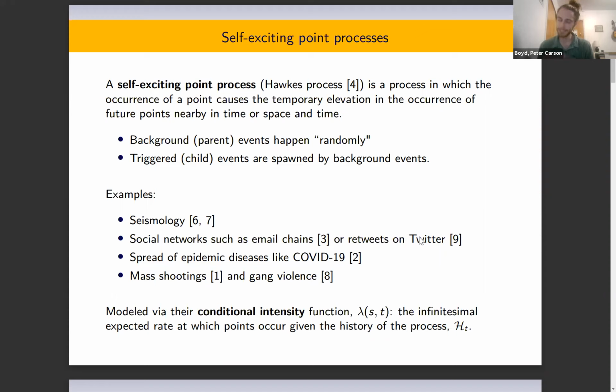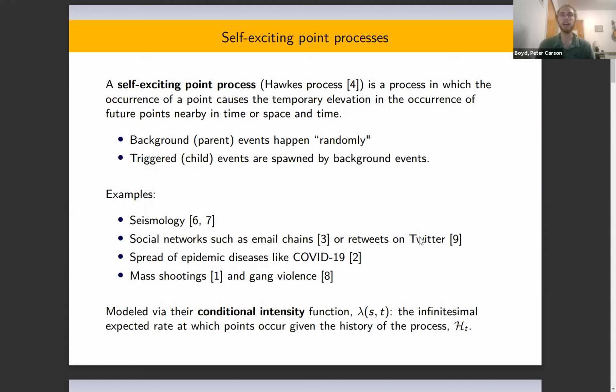I might tweet something and one of my 4 Twitter followers can then retweet me and the process can continue. You're also, I'm sure, very well acquainted with the spread of epidemic diseases such as COVID, which can also be modeled in this manner where I may be COVID positive and can then spread it to a roommate and he can give it to someone else.